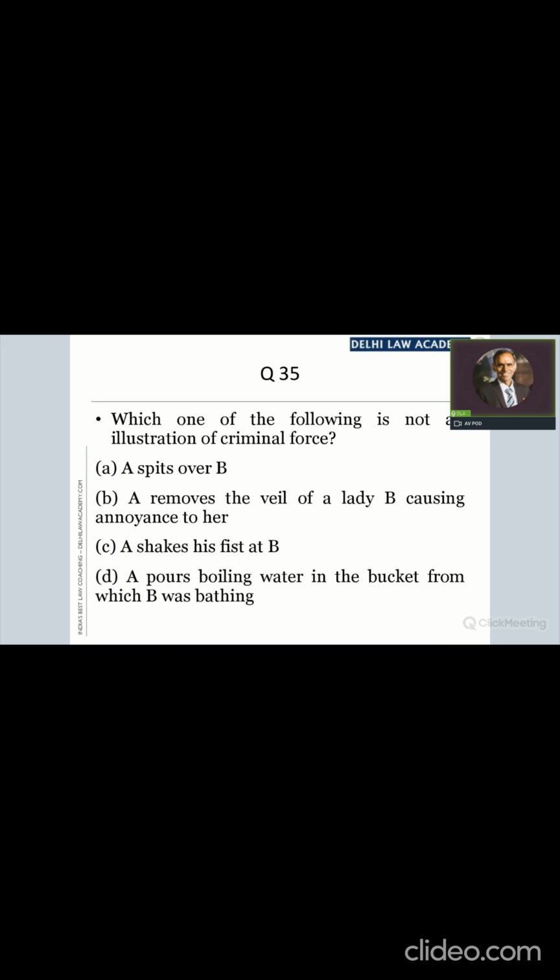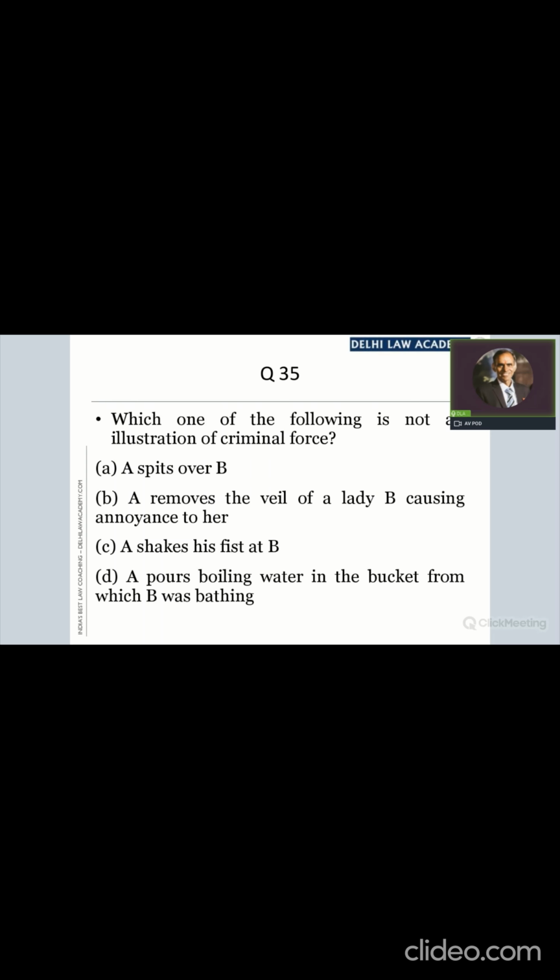Strictly speaking, this substance to which motion has been caused, that is the water, the boiling water, is not coming directly in contact with B. But at least this water is falling into a bucket from which B is taking water for his own use. So of these four options, Option C seems to be the correct option. Here there is no use of force. Since there is no use of force, there is no use of criminal force either.